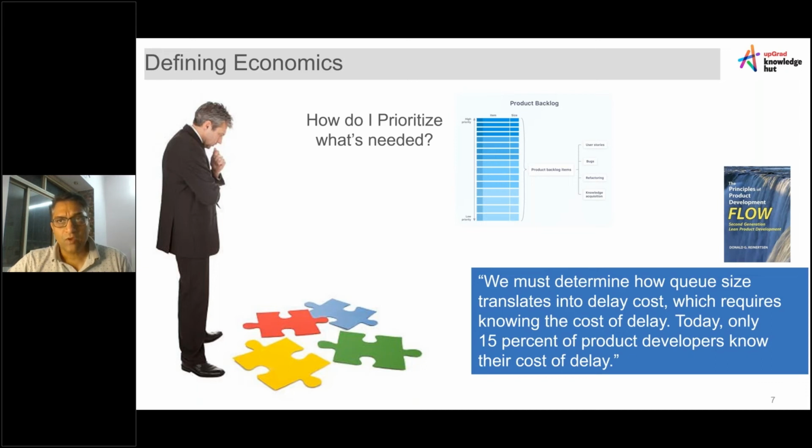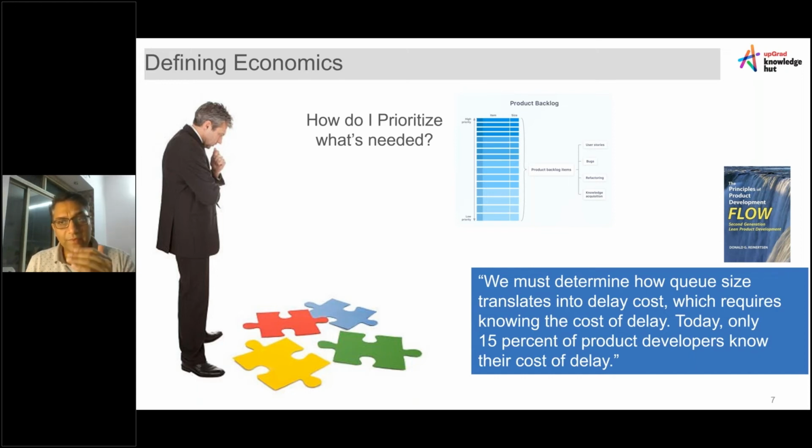Or sometimes there are some product managers who would probably use the ROI factor, return on investment. It's so difficult for us to determine a return on investment for a user story. I've just thought about a new requirement. I've put that requirement as probably a feature, and I don't understand what's the cost associated with that.